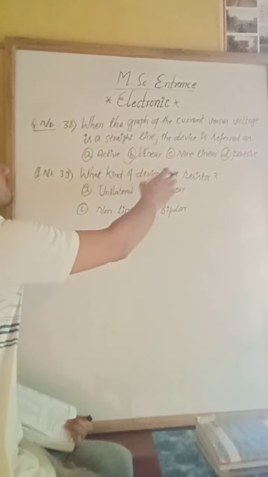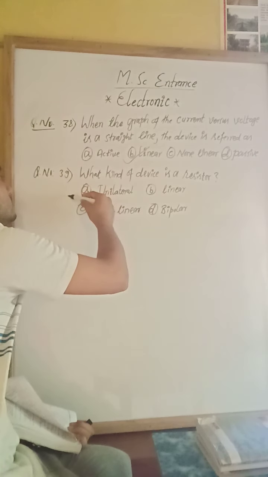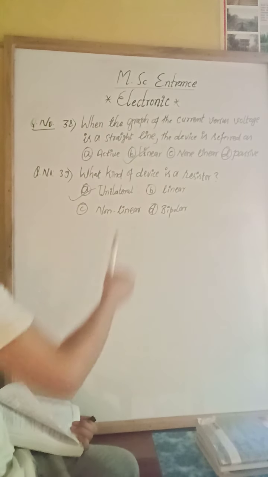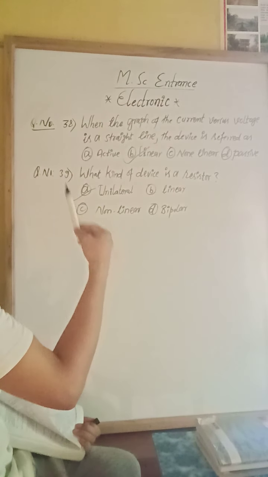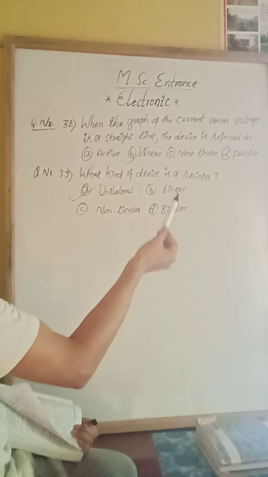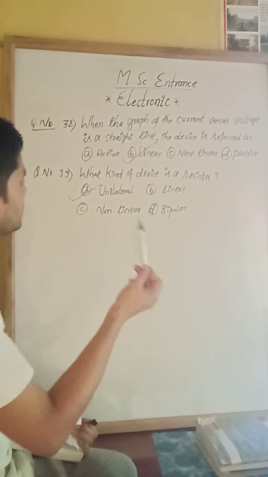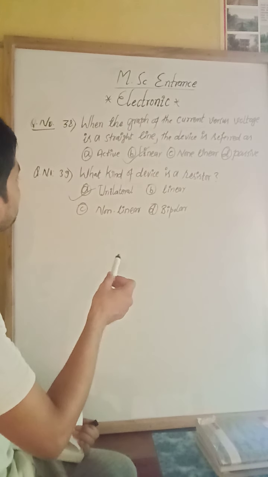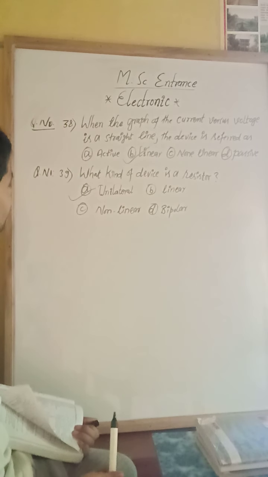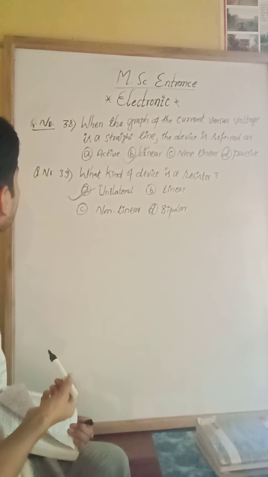A resistor is a unilateral kind of device. The correct answer is option A.